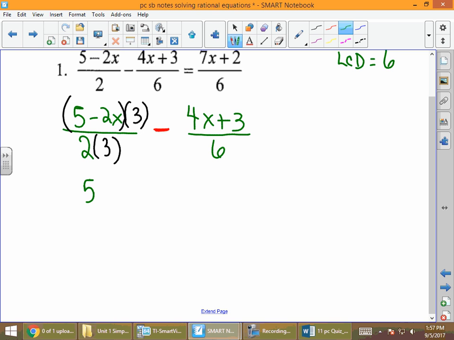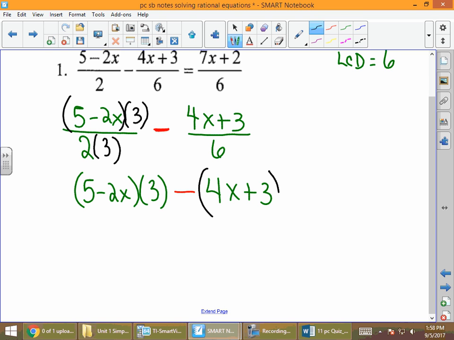So it's 5 minus 2x times 3 minus 4x plus 3. And here's where we have to be really careful. We're subtracting 4x plus 3, and that means that negative sign applies to the entire numerator, the entire top of the fraction.